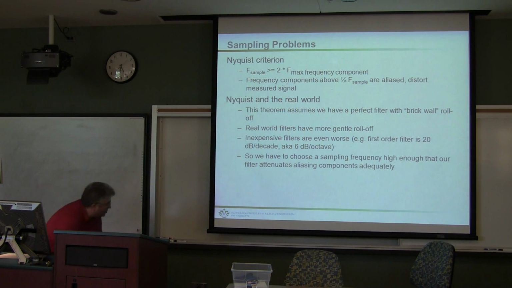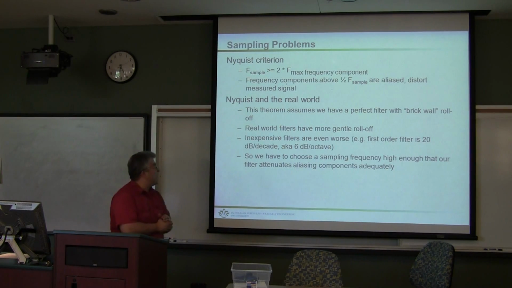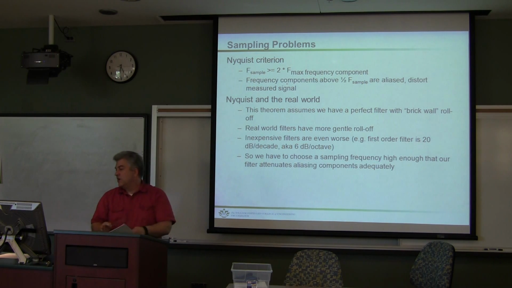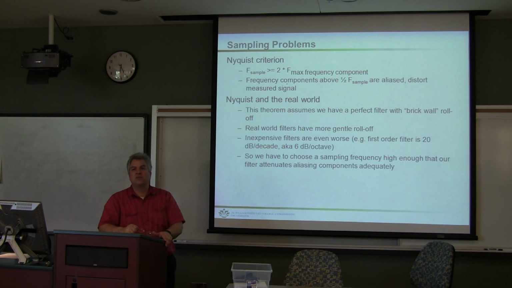So, one thing that is important is that there is a concept called the Nyquist criterion, in which it says if you really want to measure something that's periodic, you need to sample at least twice the frequency of what you're trying to measure.